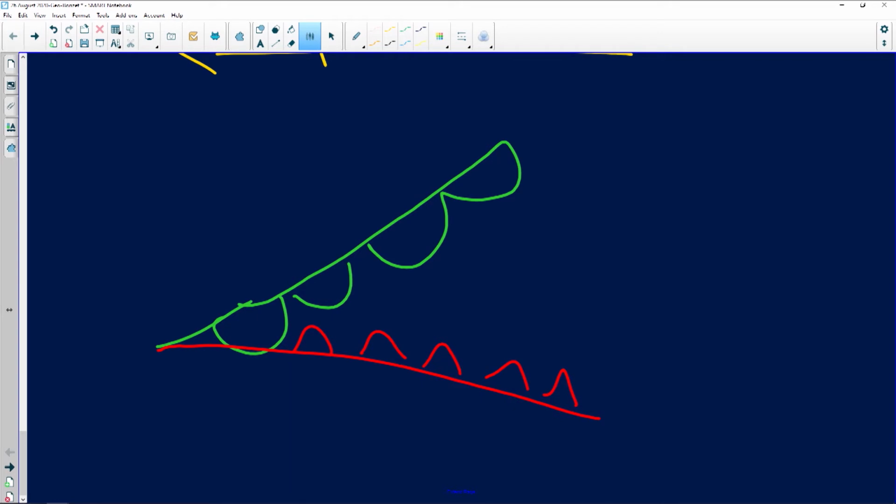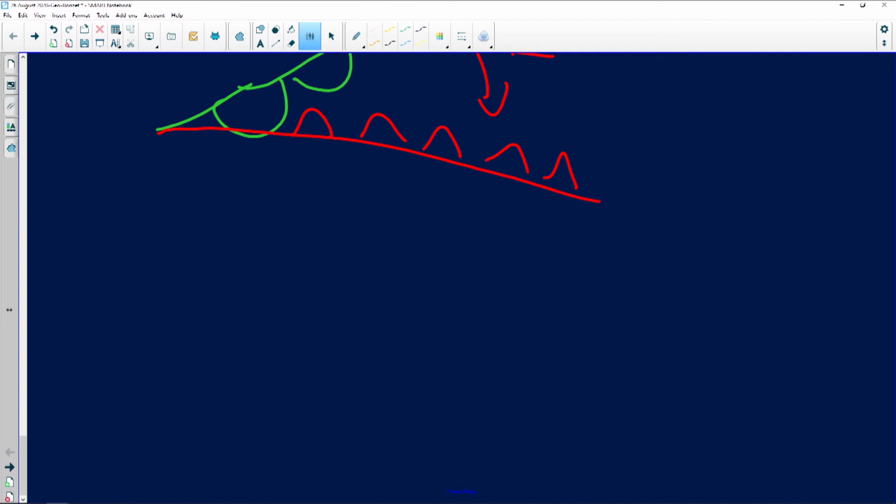So, in theory, there's no more warm sector left. It's been reduced because this cold front has caught up with the warm front. Now, when that happens, we are dealing with two different types of occlusions, a warm front occlusion and a cold front occlusion. I'm going to show you this by drawing a diagram. It's the easiest way to do an explanation and for you at home to understand this absolutely 100%.